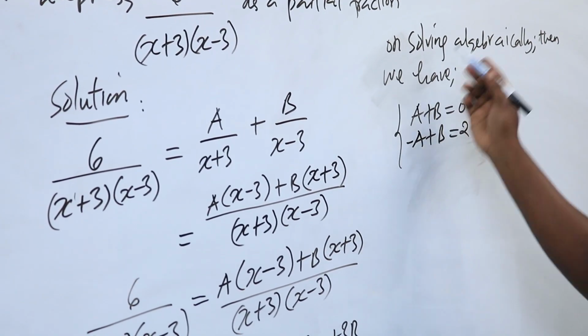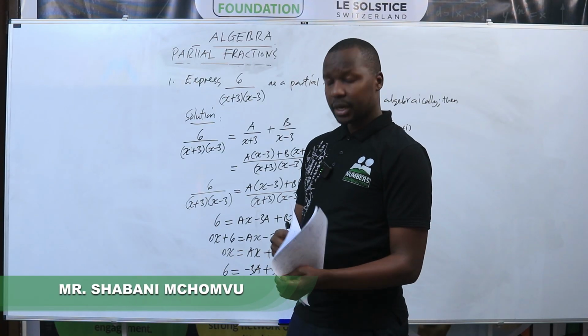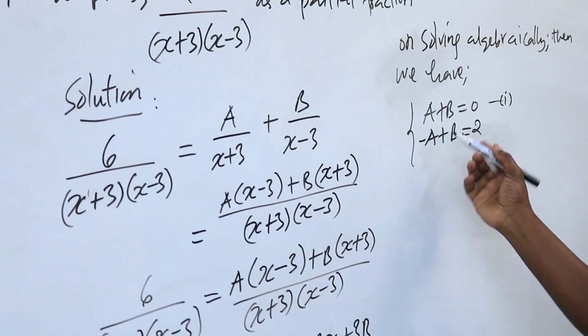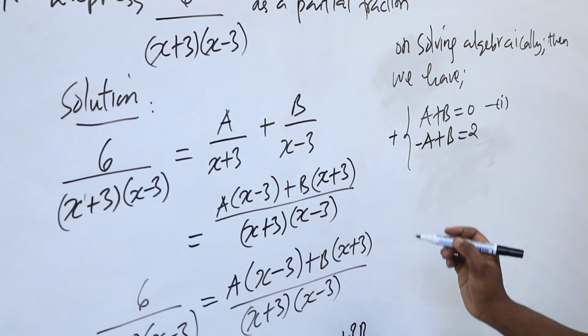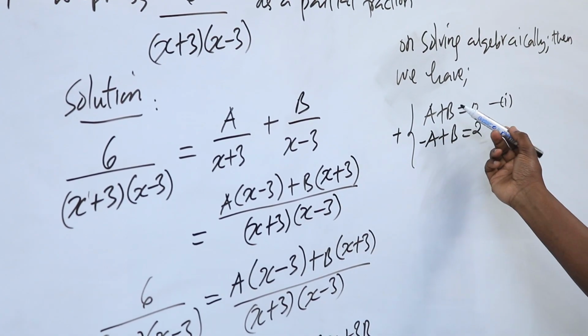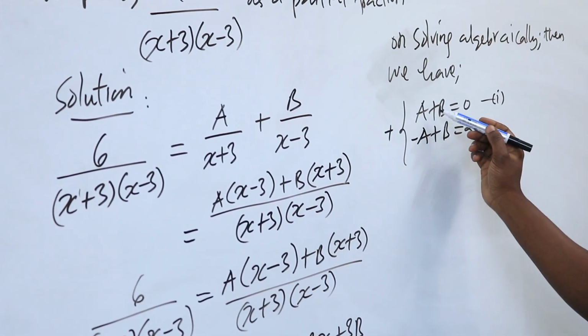Yes. So on solving algebraically, we can apply the elimination method. Starting by eliminating a, later we come to eliminating b. If we introduce plus here, we are going to eliminate a, so we solve for b.